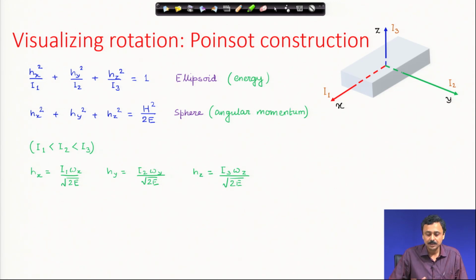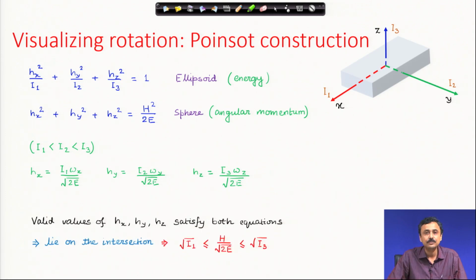In other words, acceptable values of lowercase h x, h y, h z must come from the intersection of these two geometric objects. Otherwise, if they are not from the intersection, they are different values. Both of them must be satisfied by the same h x, h y, h z. Therefore, they must come from the intersection of the ellipsoid and the sphere.